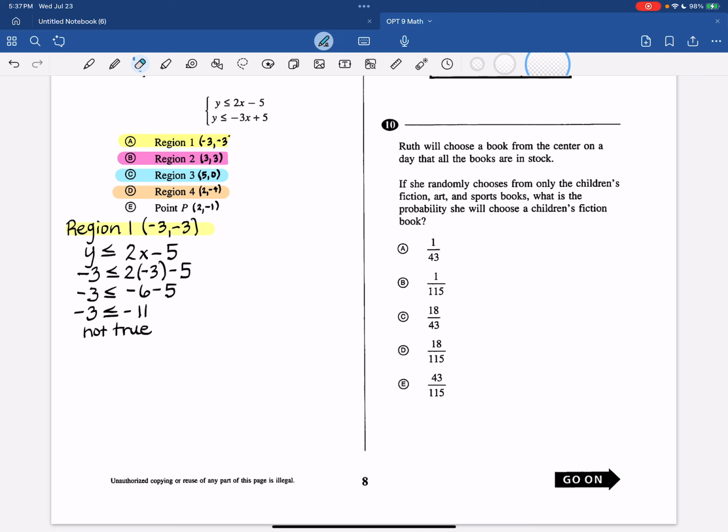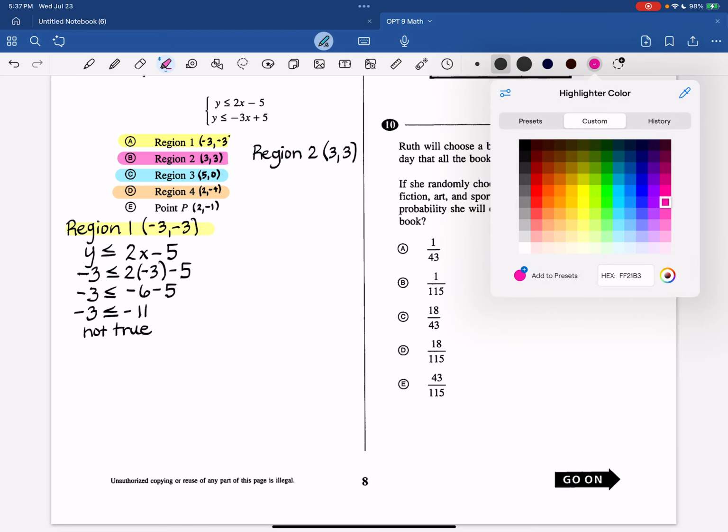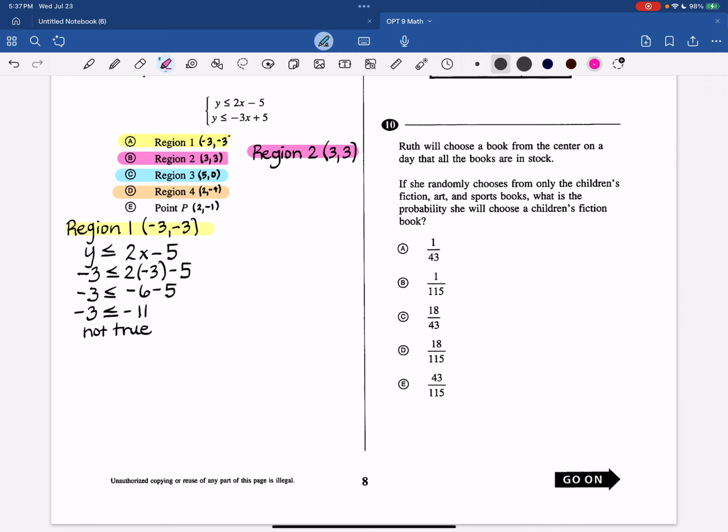So let me try region 2. I'm going to be tight on space, so I'm going to put it right here. And that's our pink area up there. We're calling it (3, 3). So let's test this one and see what we get. So I have y is less than or equal to 2x minus 5.